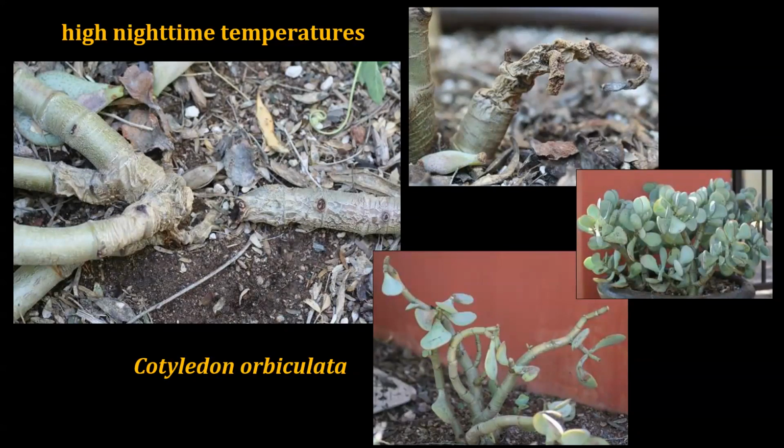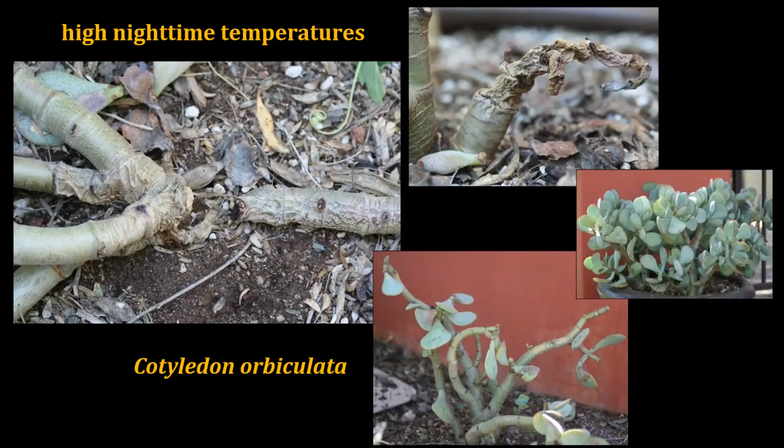Some of our succulent plants are actually opening their pores and taking in carbon dioxide at night, as opposed to most of our leafy plants, which do that during the day. And if the night is so hot, those stomates, the pores, won't open, and they're not then able to carry out photosynthesis, and they just kind of collapse.